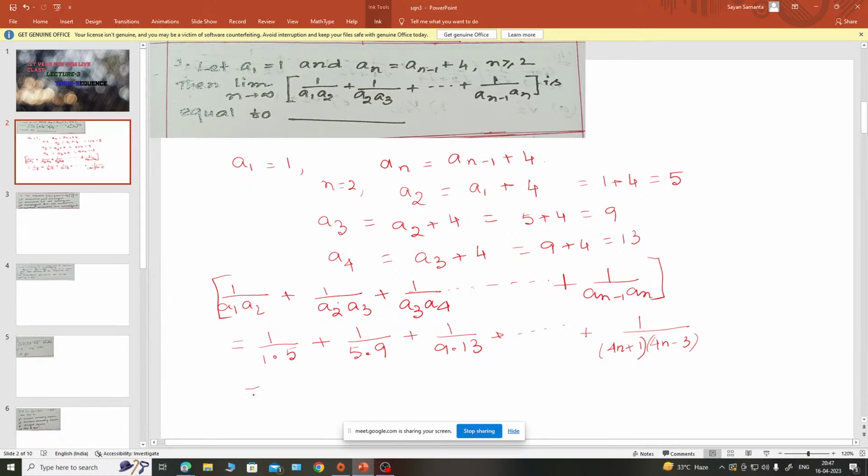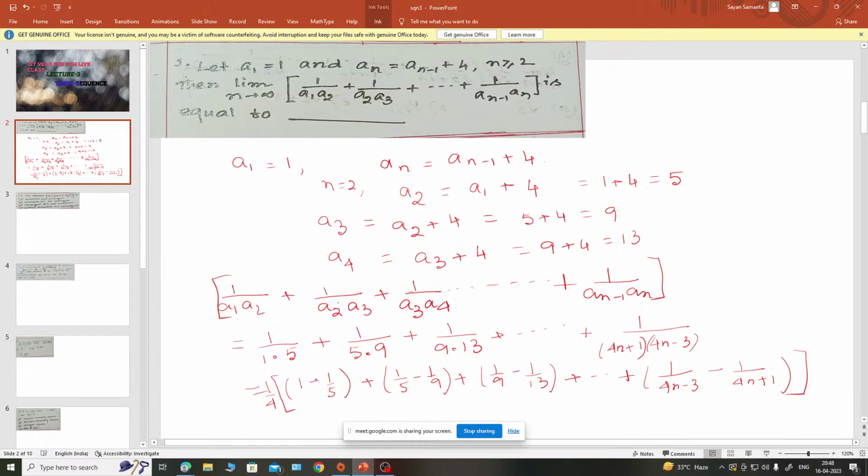Then we can write this as also 1 minus 1 by 5 plus 1 by 5 minus 1 by 9 plus 1 by 9 minus 1 by 13, and so on, 1 by 4n minus 3 minus 1 by 4n plus 1. Is it clear to everyone? If we take the LCM, then we can find this type of sequence. Is it clear to everyone?